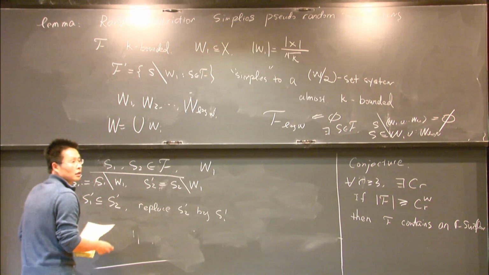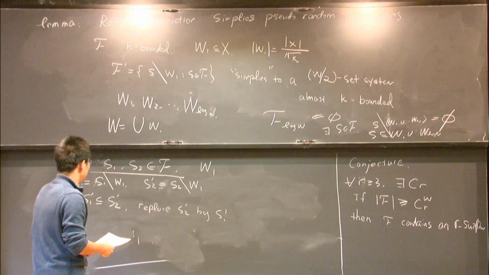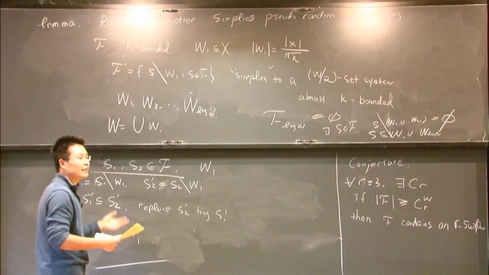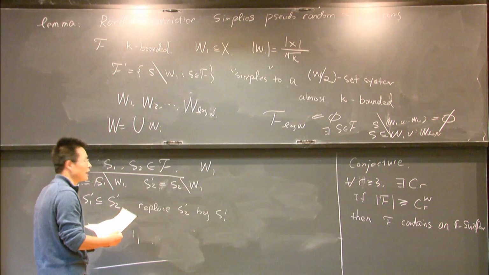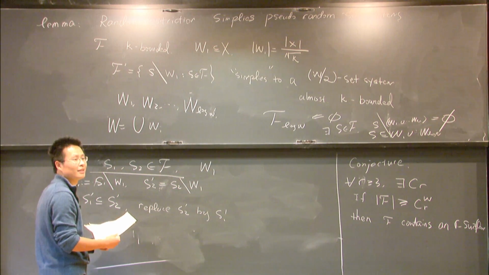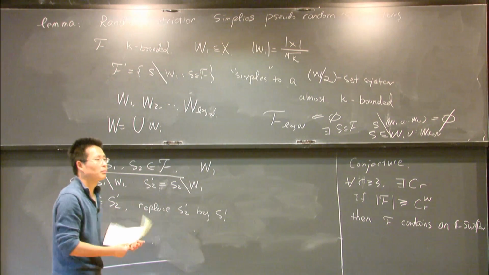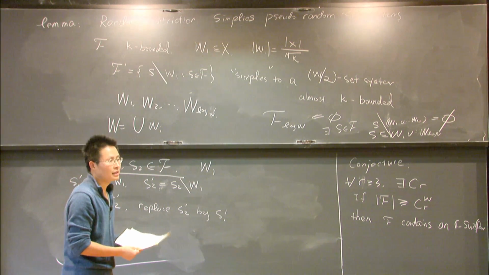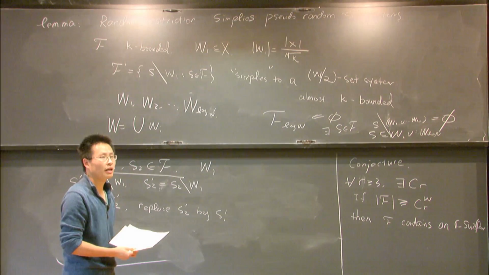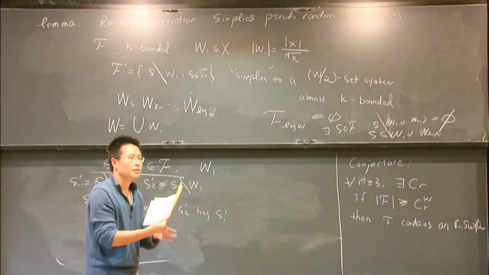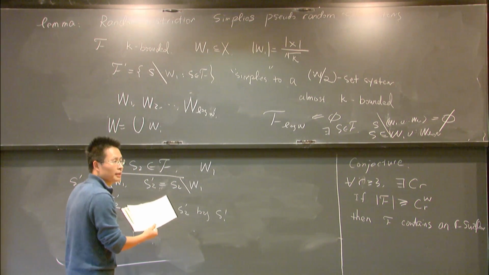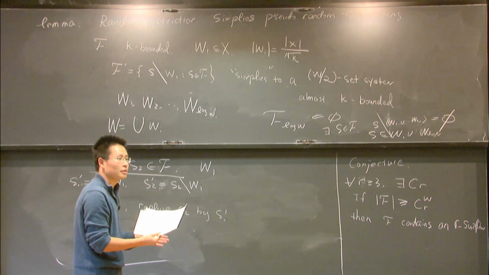And you just erase S2 prime, because S1 prime is already there. It's important to remember that you have two copies. We don't need to remember how many, we only need to find the set. The reason we want to keep different copies is that we want to show this kappa boundedness.